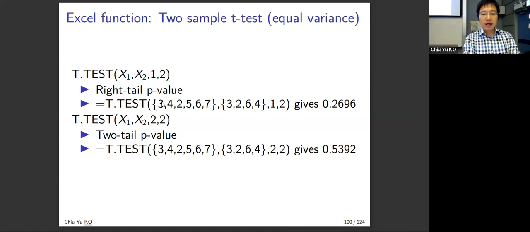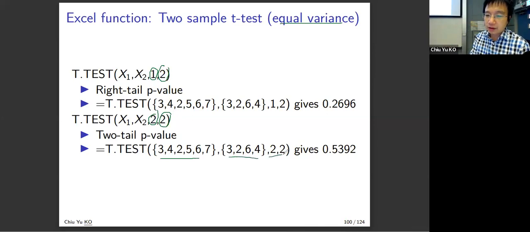You give it x1 and x2, which are lists of numbers, and you tell it whether it's right tail or left tail, it's one tail, left tail or right tail. And the equal variance option is just 2 here. Then it automatically conducts a two-sample t-test to see if that's the case.